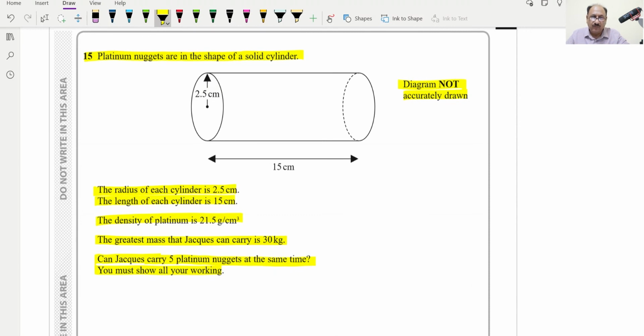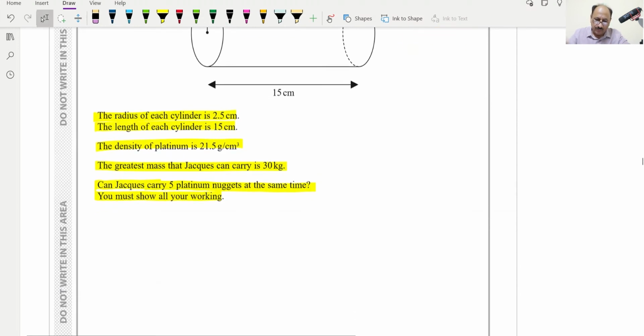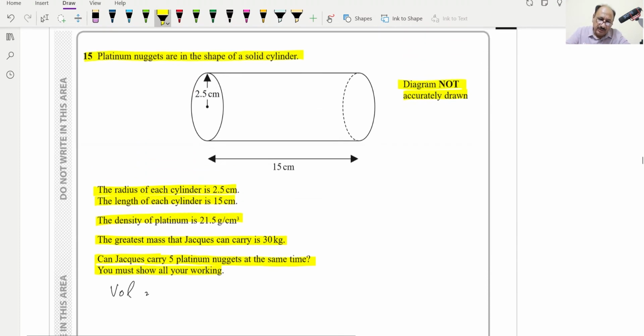So first of all we will check the volume, because for mass we require density and volume. So first of all we will calculate volume. The volume of a cylinder is pi r squared, of this circular shape, multiplied by the length, which is 15.